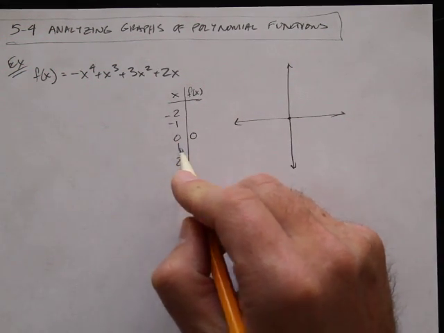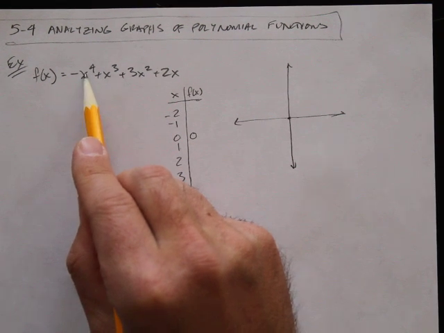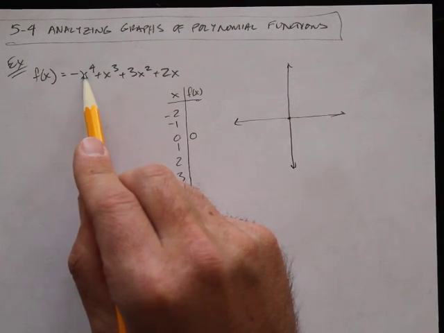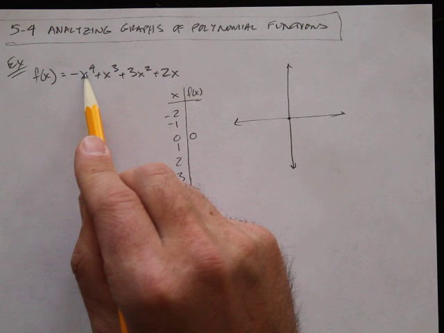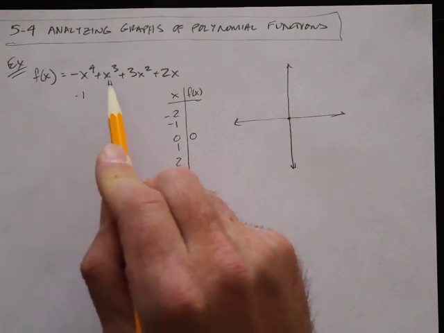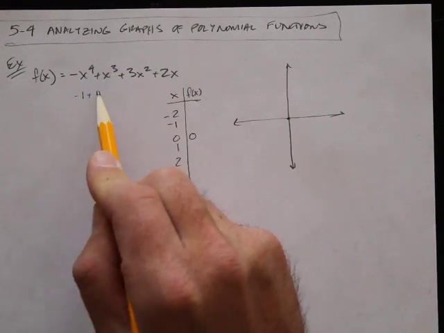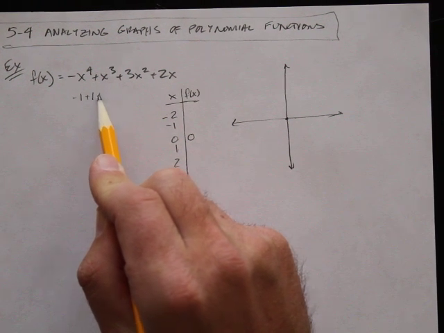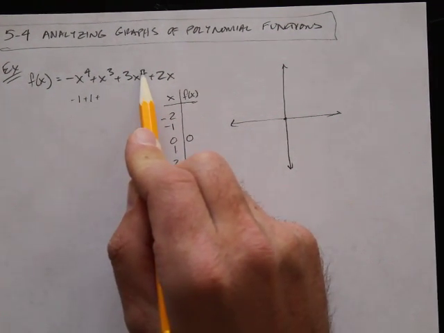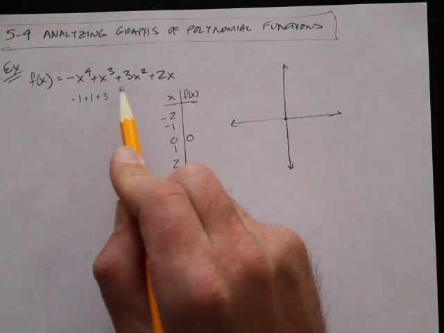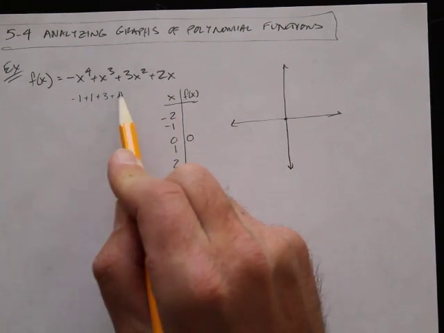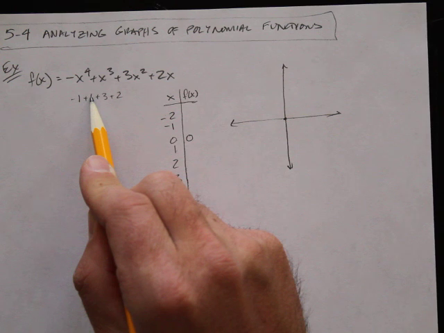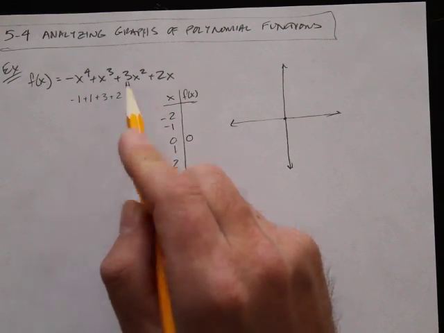Let's go +1. So, +1 to the 4th power is going to get me 1, so that's -1, plus 1 cubed is 1, plus 1 squared is 1, times 3 is 3, plus 2 times 1, which is 2. So I got -1 plus 1, that's 0. 3 plus 2 is 5.